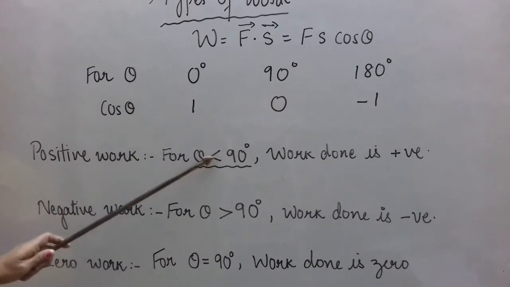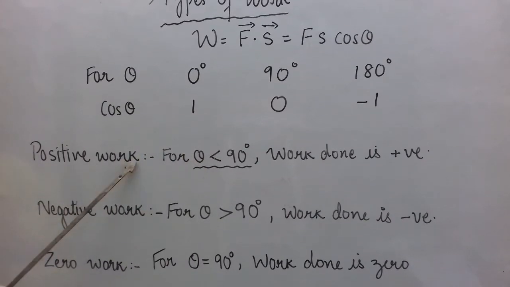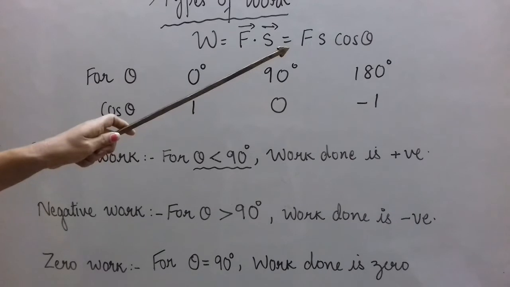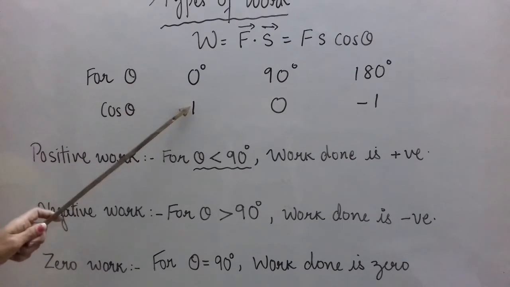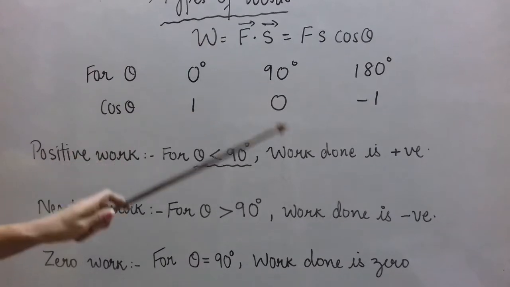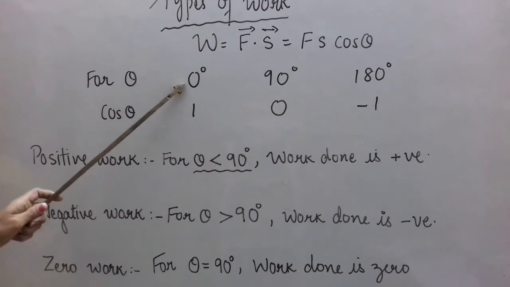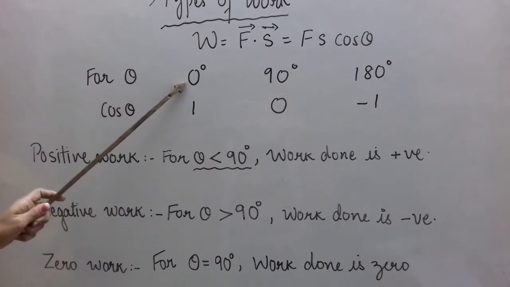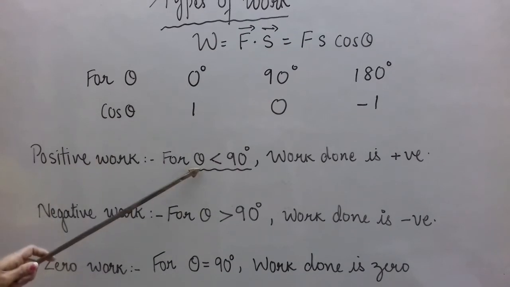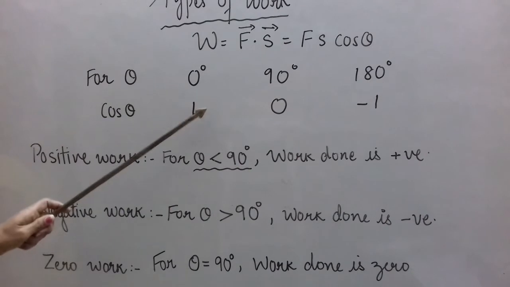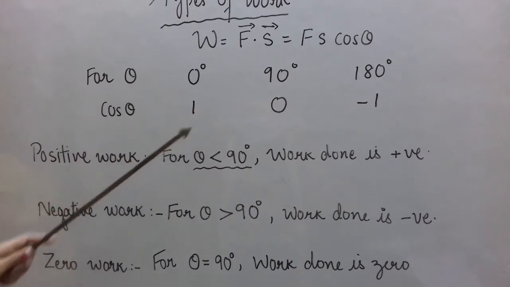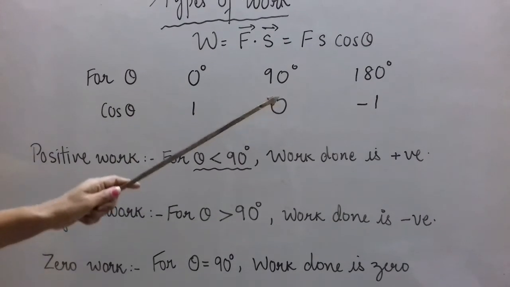So what is the maximum value of positive work? That is when cos, you know that cos maximum value is 1, positive 1. So W is equal to Fs when theta is equal to 0 degree. It is a maximum positive work done. And we also know that when theta is less than 90 degree, then also work done is positive. Now let us consider this range.